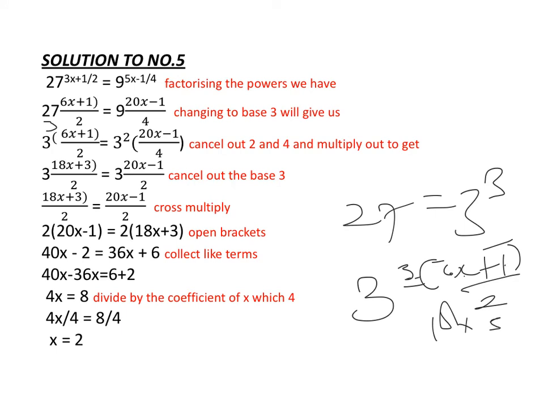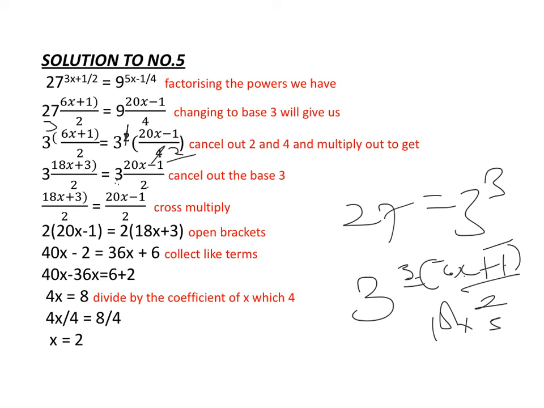So you have 3 raised to power 18x plus 3 over 2 is equal to 3 raised to power 20x minus 1 over 2. When you divide 4 by 2, you have 2 here. So that is how we eliminated these 2. We now have 3 raised to power 20x minus 1 over 2.